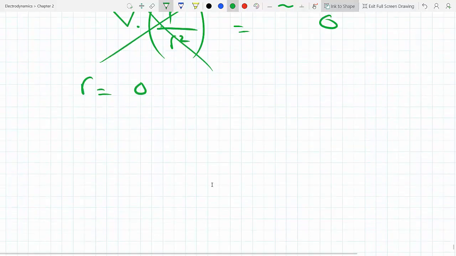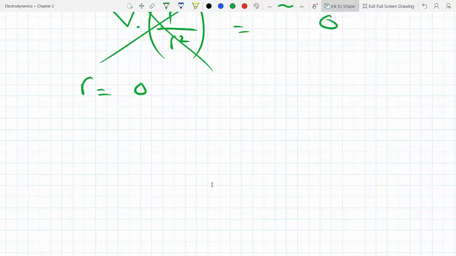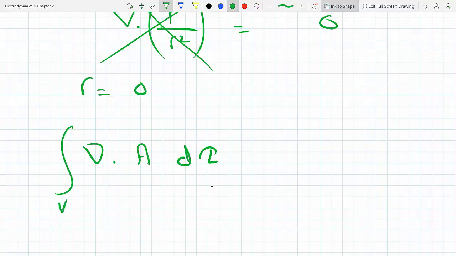Now, what we do is we use the divergence theorem. The divergence theorem says if you were to take the divergence of some vector function, let's just leave it simple, A, and if you were to integrate this on d tau, you can turn this volume integral, which is supposedly 3 integrals, into a surface integral by removing the divergence.